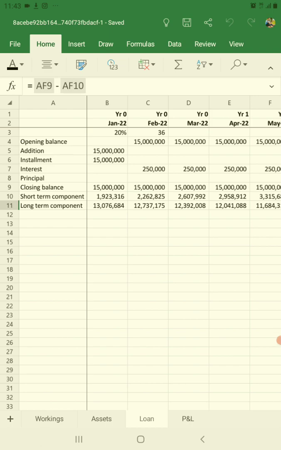Last time we ended up modeling the loan amortization schedule and inputting the figures into projected financials.